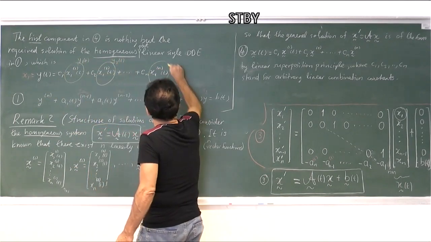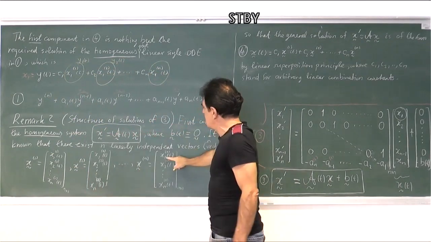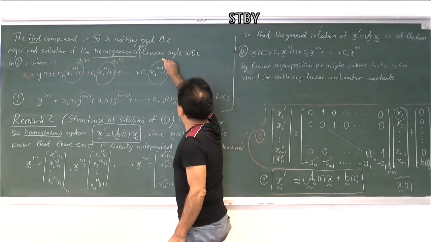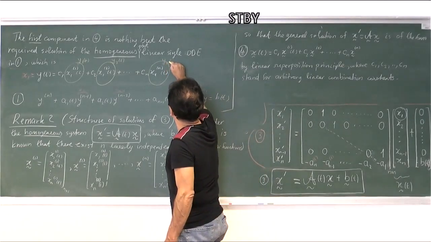And this one is the first component of the nth vector solution, denoted yn.